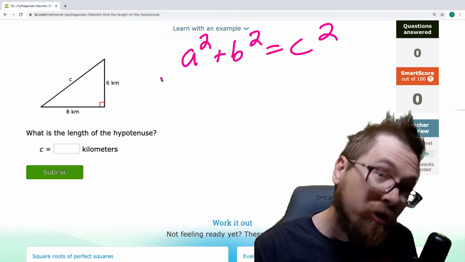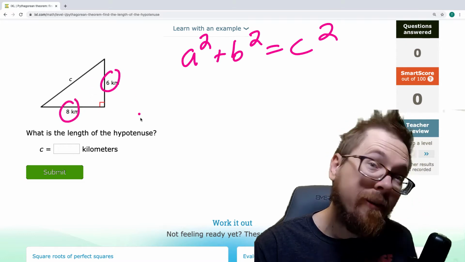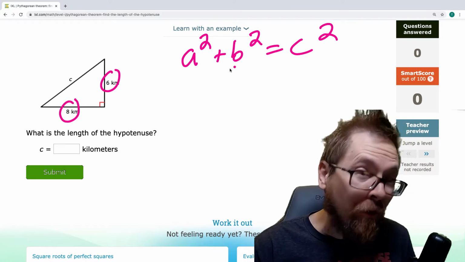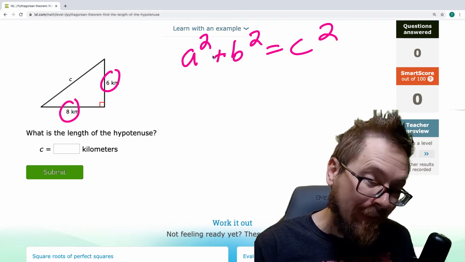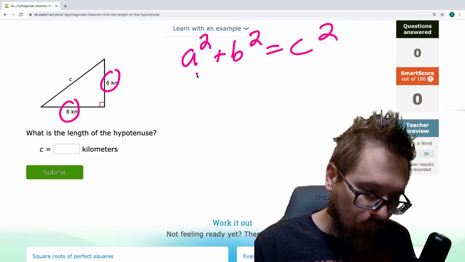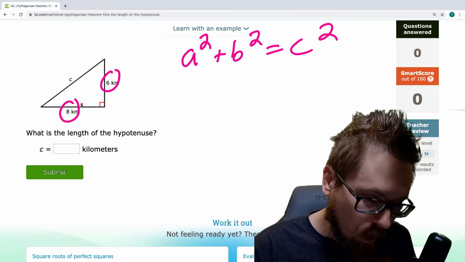You take your two legs of your triangle. In this case, you have your 8 and your 6, and go ahead and write them under the A and the B. It does not matter the order that they're in this case. Now, sometimes it does later on. We'll talk about that. But for now, you only have to worry about putting the two sides, the two legs of your triangle.